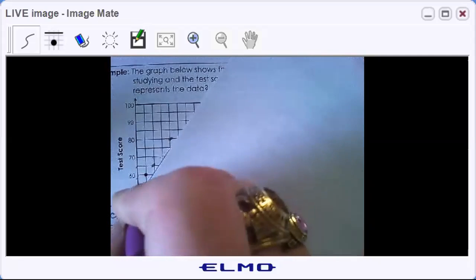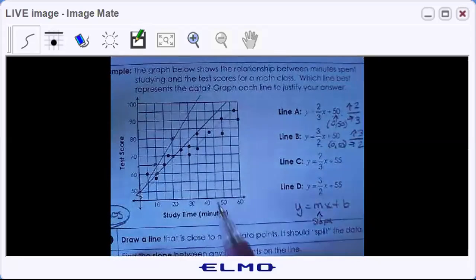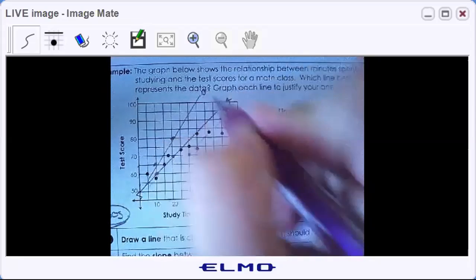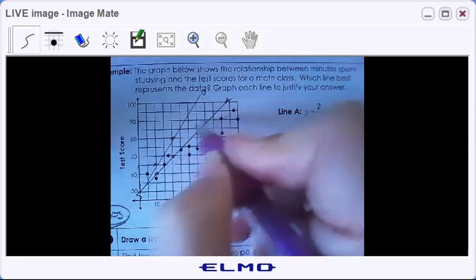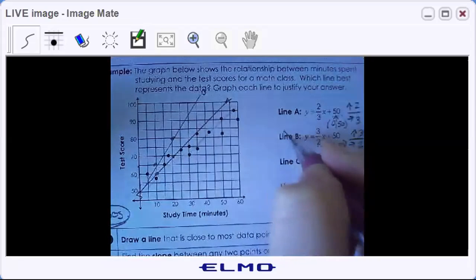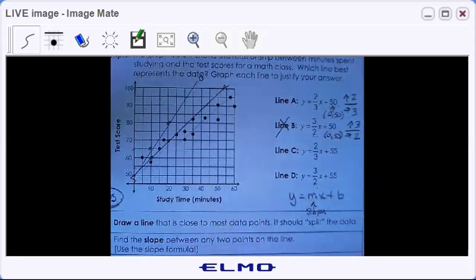Or am I going to eliminate this as a choice? Oh, that definitely does not come close to any of this stuff right here. So this line right here is definitely not an answer choice. So A is still in the running. B ran way too far away from the remainder of my data. So let's look at the next one.